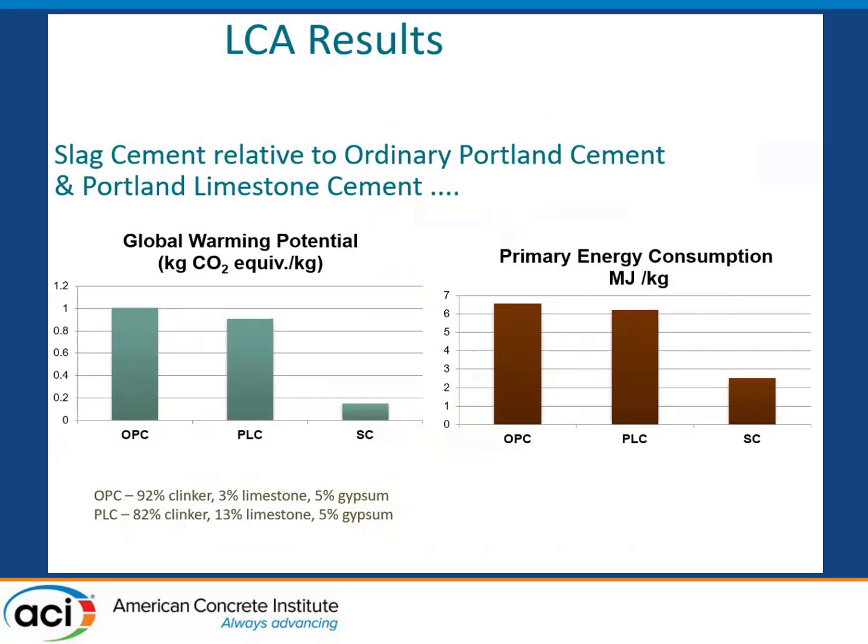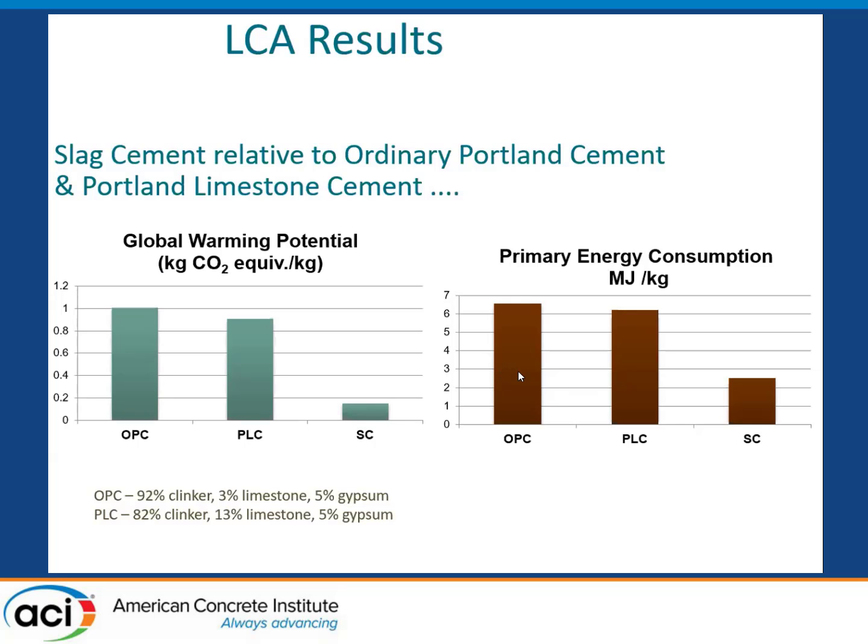When we look at it in graphs, from construction and energy consumption, we can see that the global warming potential of OPC in this case is 1 ton per 1 ton. With the PLC, we're down to 0.9, and as we saw before with the slag, we have a reduction there.